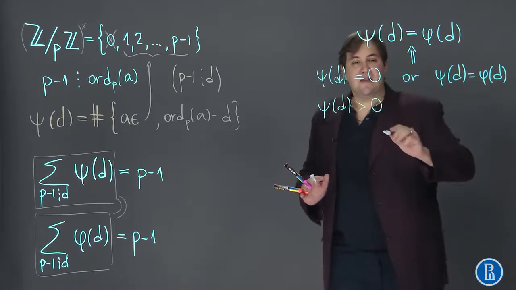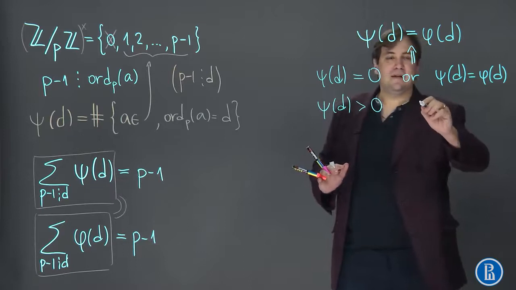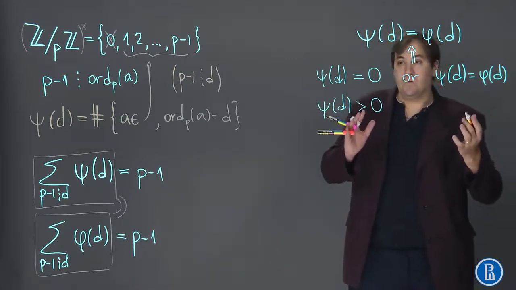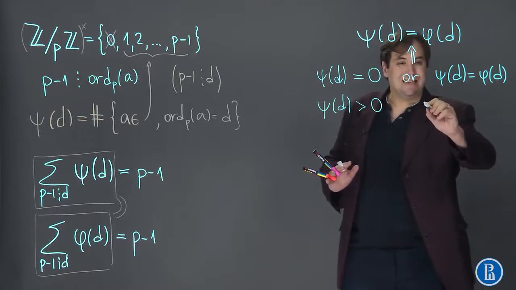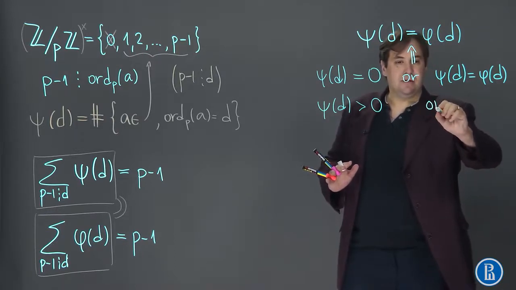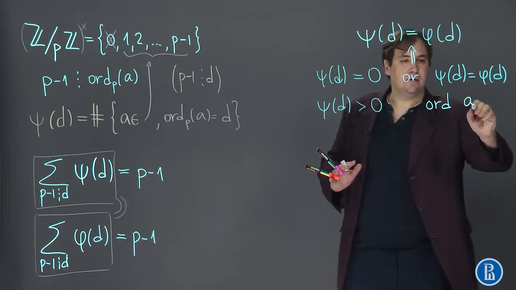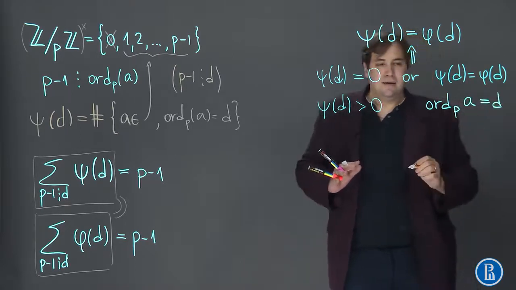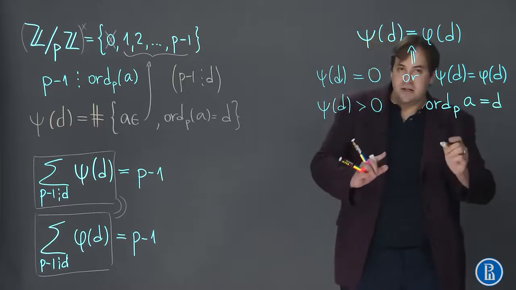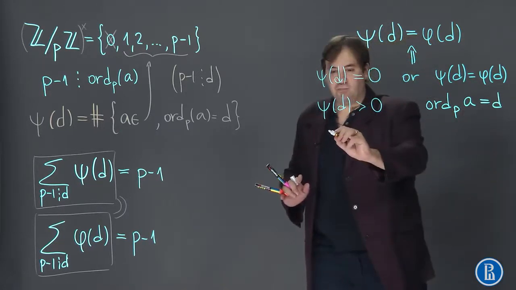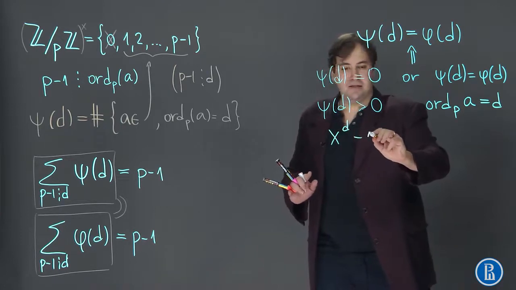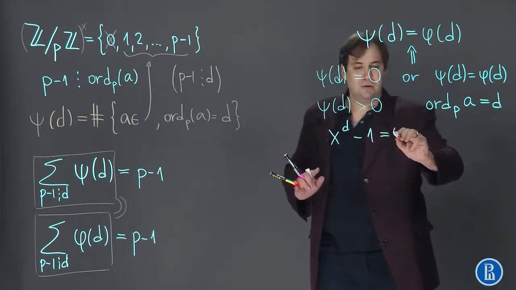If it's greater than 0, then there exists an element of order d. So consider this element. And consider the equation x to the power of d minus 1 equal to 0.